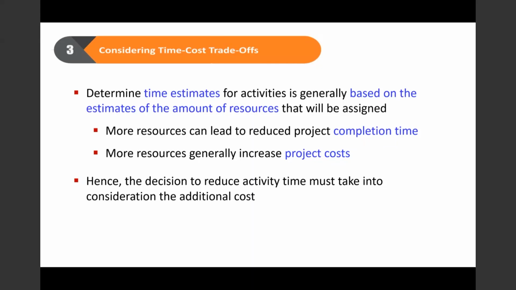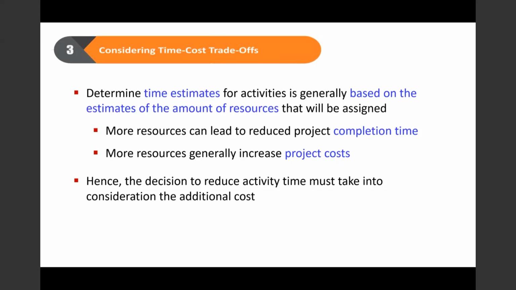So here, the decision that needs to be made by the managers is, what are you going to do in such a situation? I want to reduce the activity time, but you must take into consideration the additional cost involved. So you must strike a balance here. How do you strike this balance?